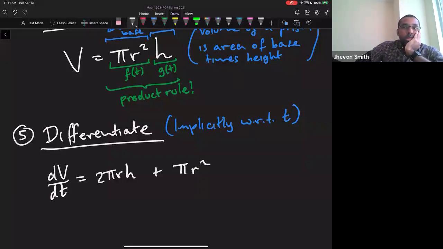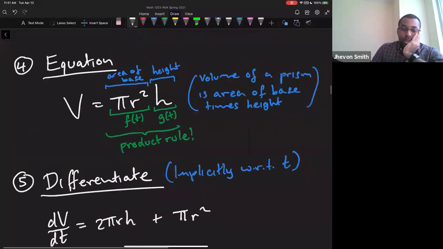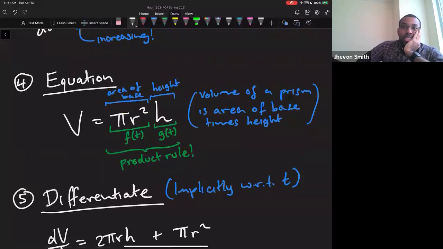Does anyone see what he's missing? h prime. Okay. Is that the only thing? Who did you differentiate in the first term? It should be r prime too. You need an r prime. It's implicit differentiation, and t is the independent variable.